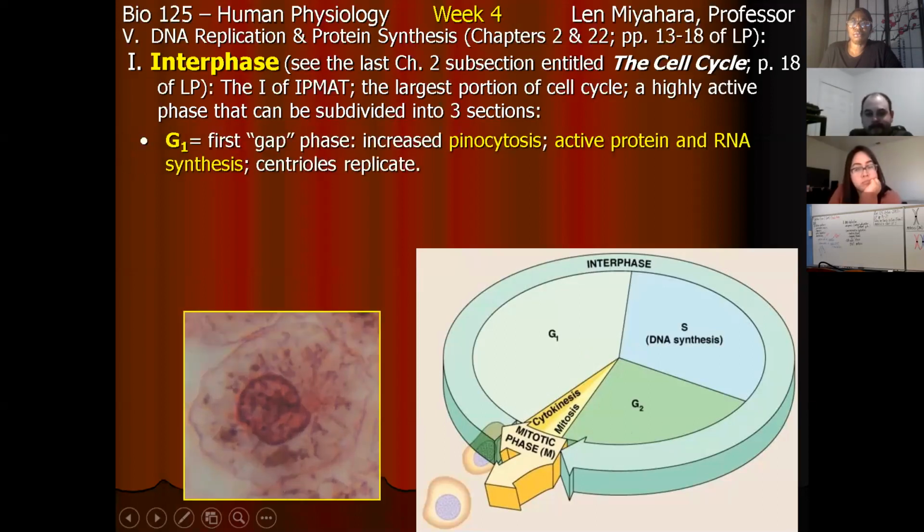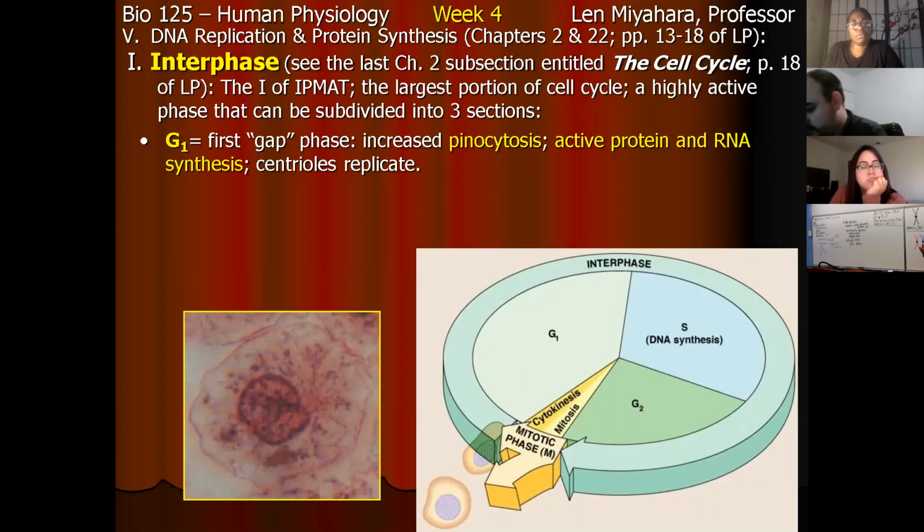All right, so the first subsection of interphase is G1. This is right after the last cell division, the last mitosis. And you're getting a lot of synthesis because the cell's got to grow. To grow, it's got to absorb a lot of fluid, that is pinocytosis. And already the centrioles replicate right after the cell divides.